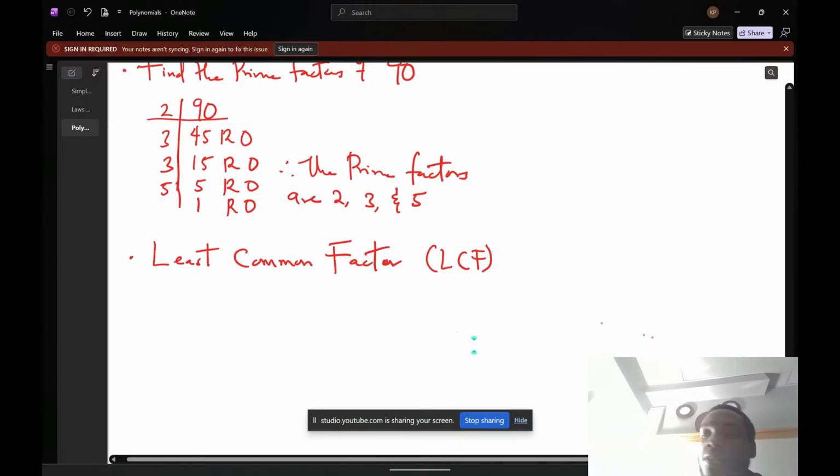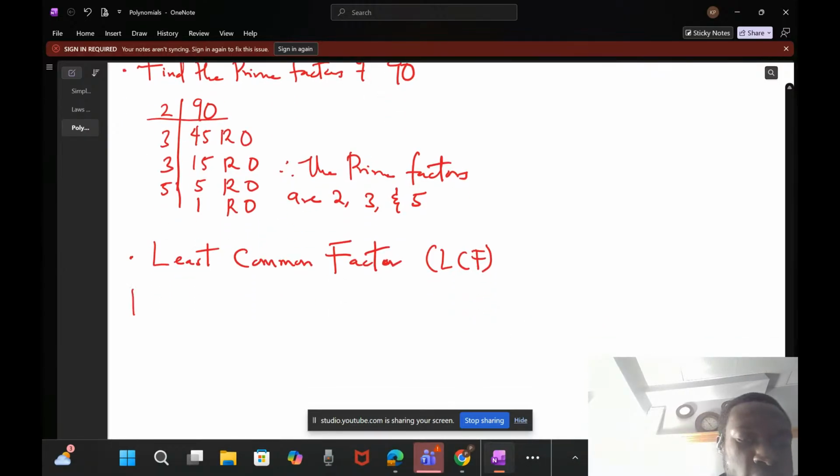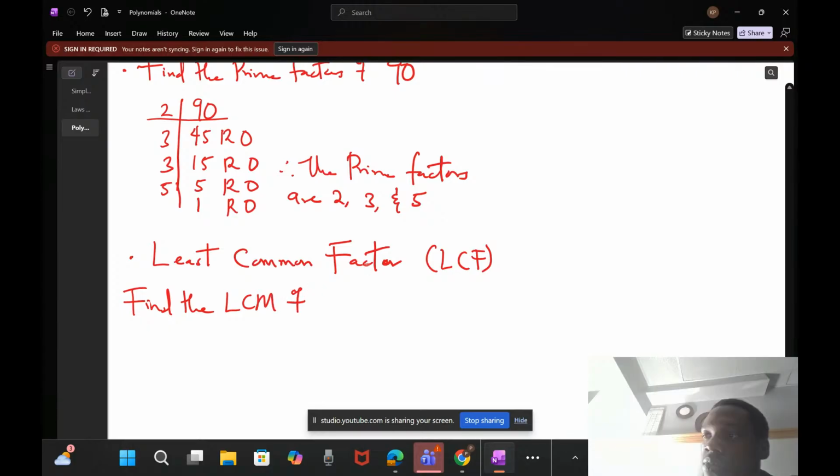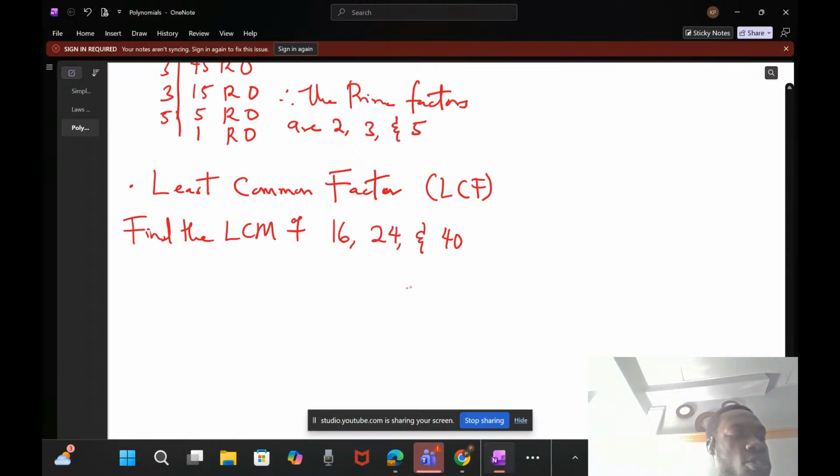So now let's find, let me call it least common multiple. Let's find the LCM of 16, 24, and 40. So what are we trying to do here?